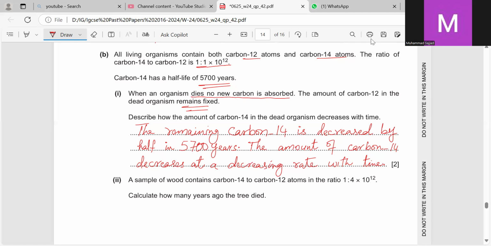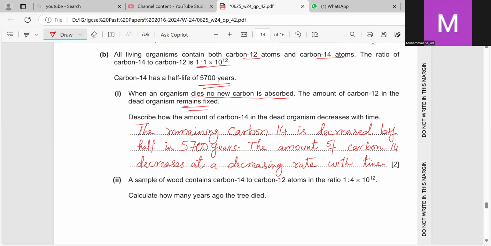Now see, in the first half-life, 1 by 2 is remaining. After second half-life, 1 by 4 is remaining. In the first 5700 years, 50 gram is decayed, and after the second half-life, 25 gram is decayed. 50 gram is 1 by 2 of the initial value, and 25 gram is 1 by 4 of the initial value.